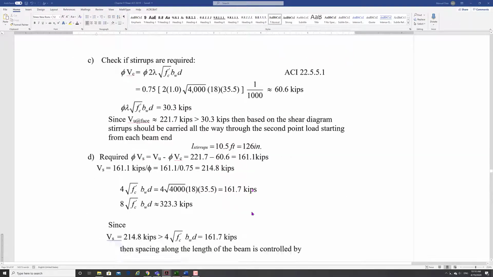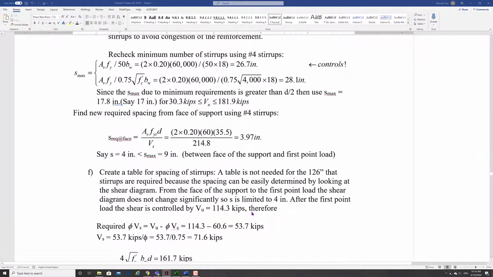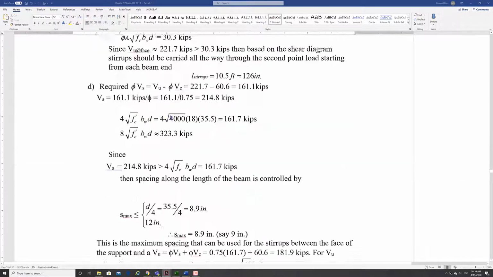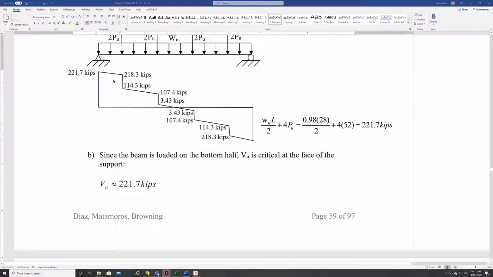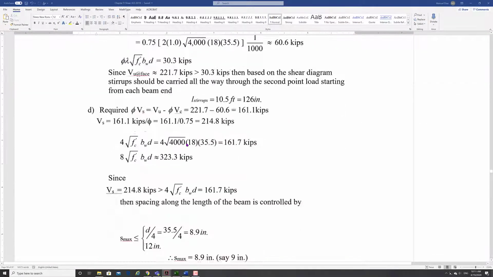So that is your 26, right? 26, what is that we found? Yeah, 26.7, so 26 controls, okay? All right, so by using number 4s, we have 8 inches or 9, depending on how you round. Here, we got 17 inches, and then from here to here, I can use 26, okay? That's how things have changed by changing from a number 3 to a number 4.